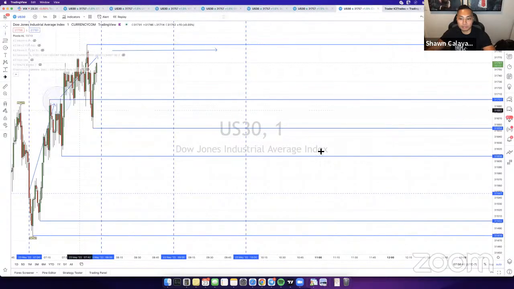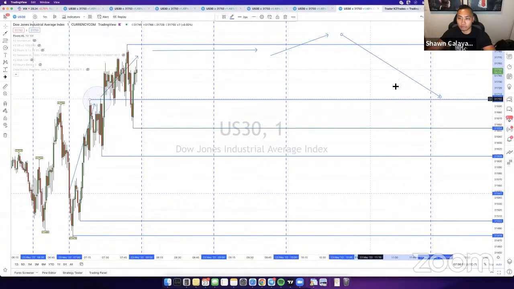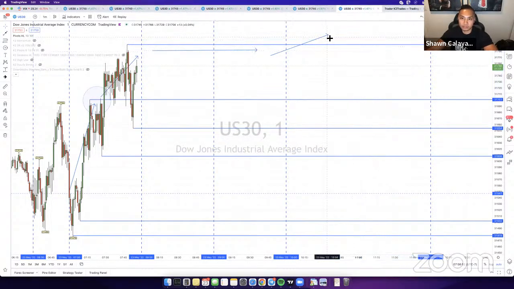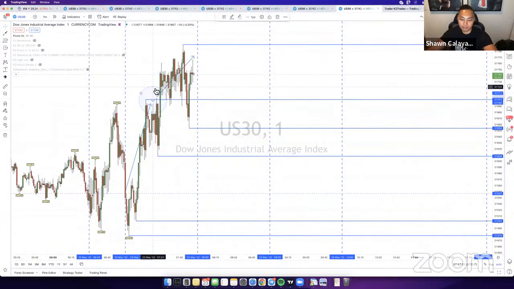It might not be a huge drop, but I do think price is going to come back down at least a little bit. So it'll probably consolidate, maybe push a little higher, and then come back down a little bit from this point until market close. If you're wondering where I think price might be going, that's my guess. Not that it'll happen, but that's what I'm expecting.